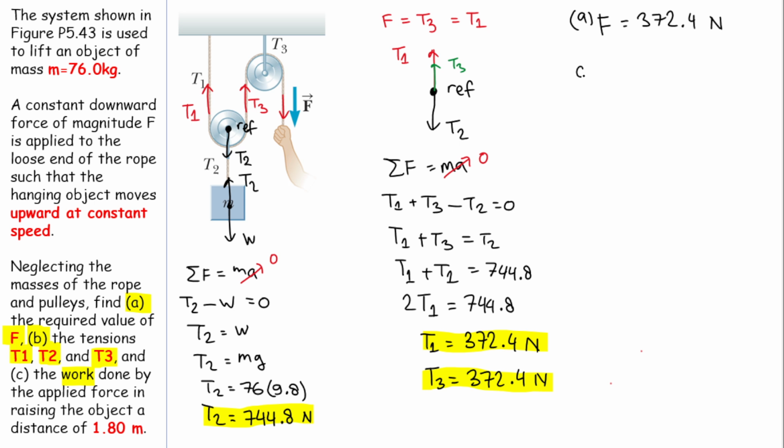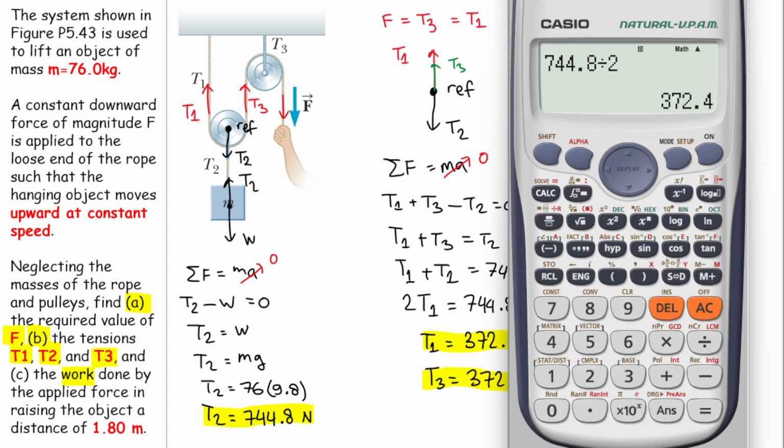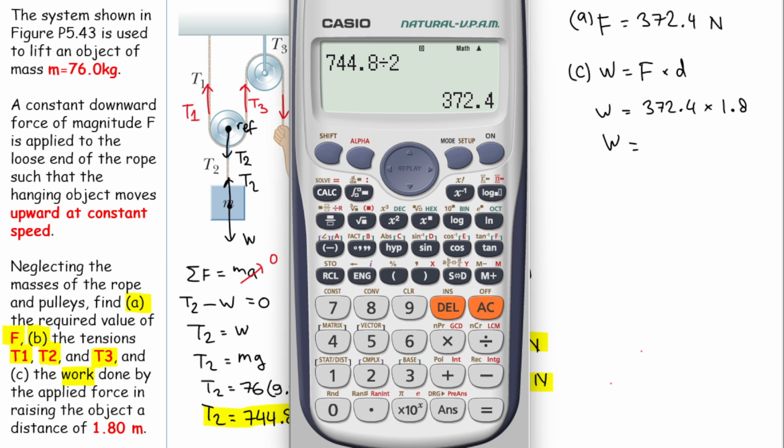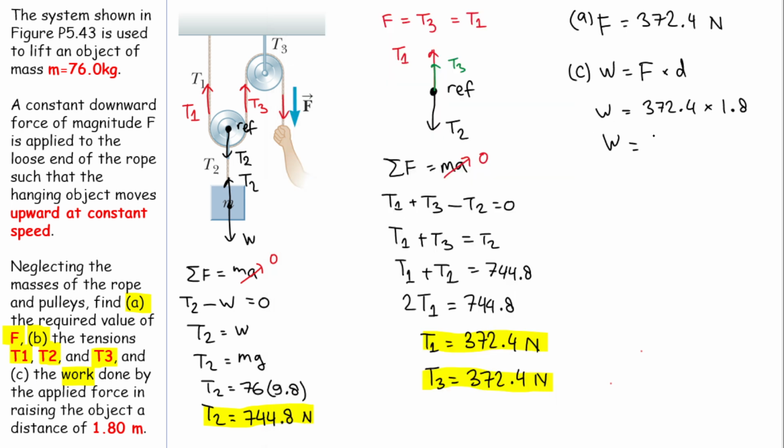So let's answer question C. The work is the force multiplied by the distance. What is the force? I have 372.4 multiplied by 1.8. Just plug this into the calculator, 372.4 multiplied by 1.8, and that has to be 670.32.